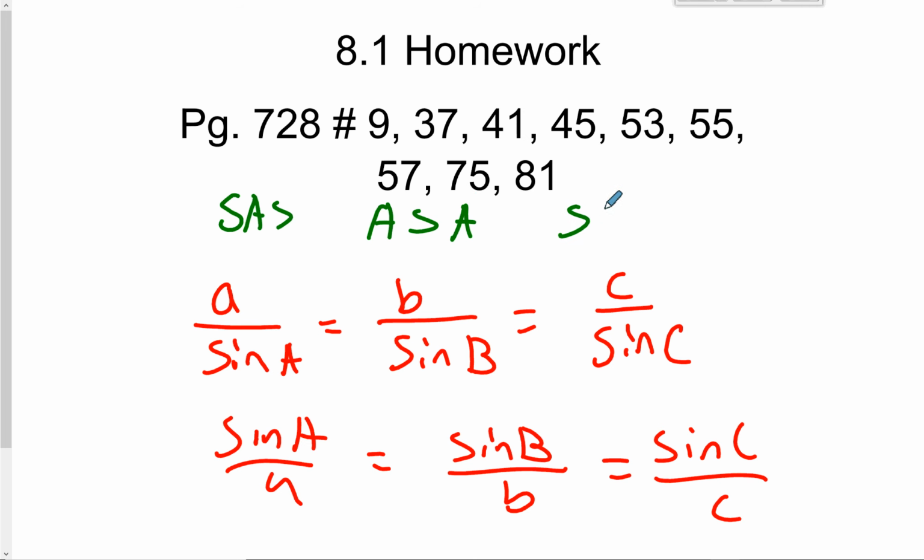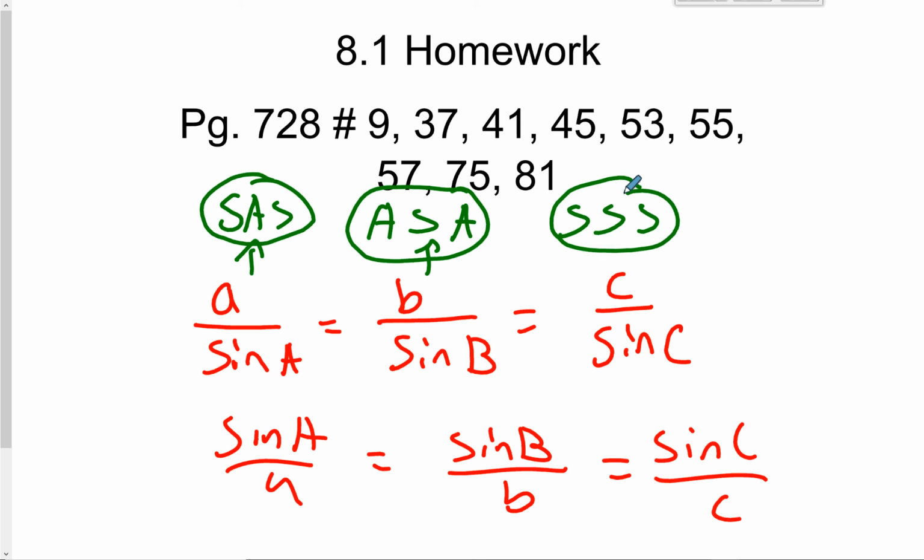There's side, side, side, so we can solve for that. And then this one, where the side is in between, that's fine. Where we have the angle in between our two sides, that's okay, and side, side, side is okay.